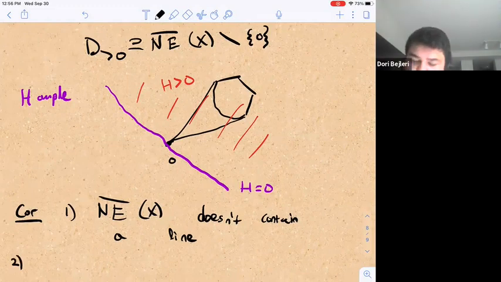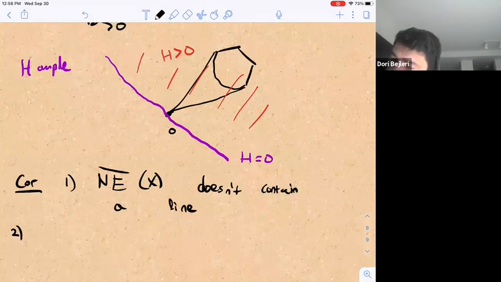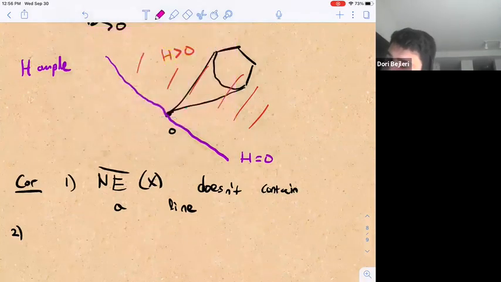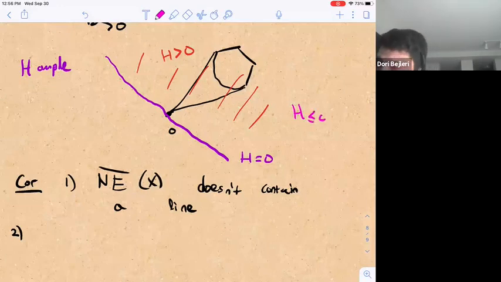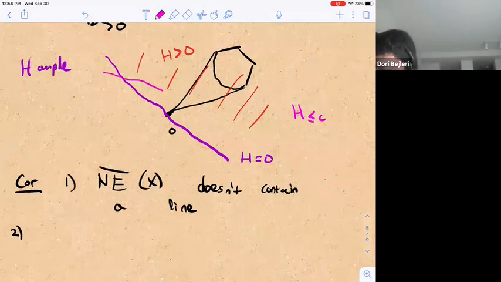So 2, if we take instead of h equals 0, maybe we shift things a bit and we take h less than or equal to some constant c. So look at the locus where h intersects curves less than or equal to some constant c. Maybe that'll slice something like that.